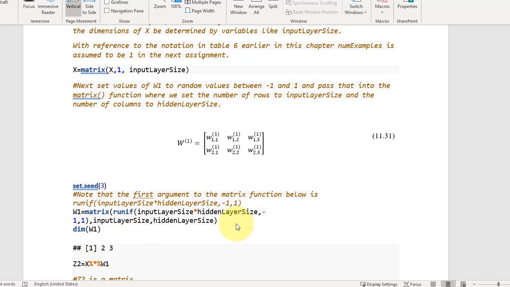There are 3 entries that go into the random number generator, and the first entry is the input layer size times the hidden layer size. That was 2 by 3, so the first entry here is 6. That's the number of random numbers we want to generate.